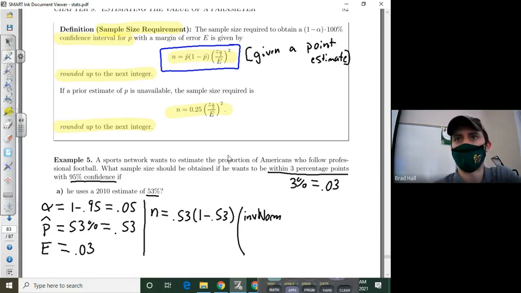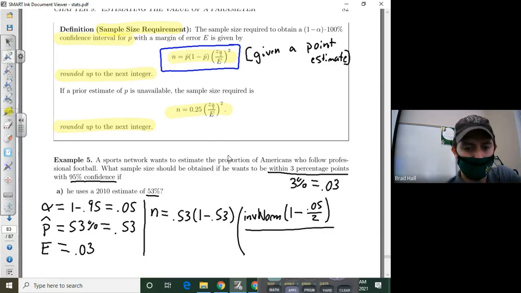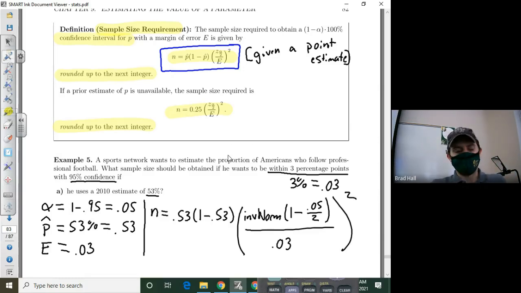It's pretty much how I'm going to interpret that Z with the alpha divided by 2 notation, of 1 minus alpha, where alpha was 0.05, divided by 2, divided by 0.03 quantity squared. I know it's a fun formula, but it's very much calculator oriented.